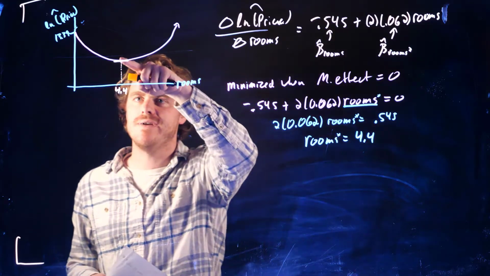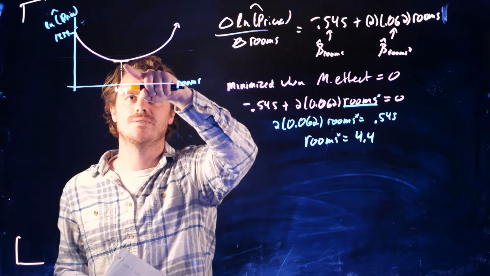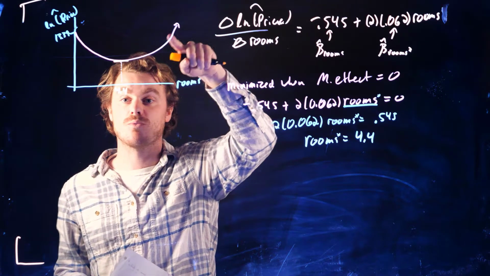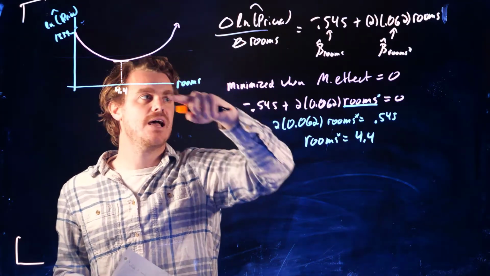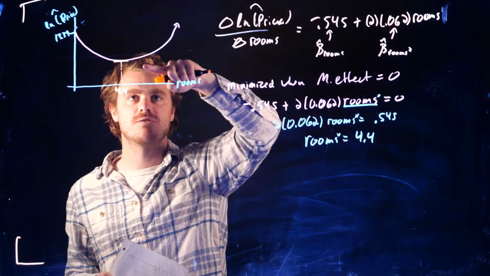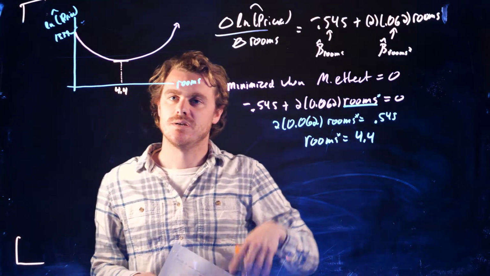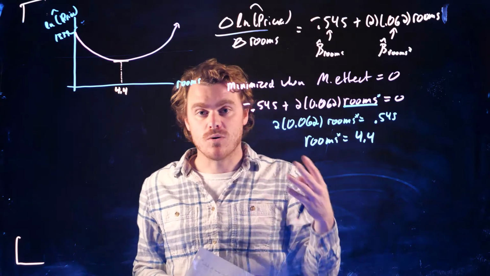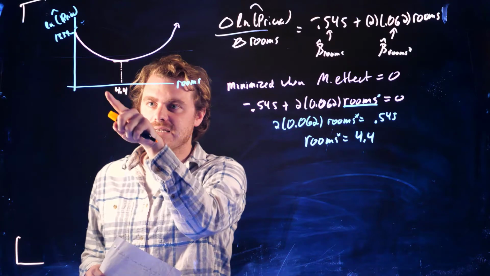But then as soon as we have more than 4.4 rooms in our house, adding another room is increasing the price. And you see that it's getting increasing returns the more rooms we have. So the marginal effect of adding another room is larger the more rooms we have in the house, after we're past 4.4.